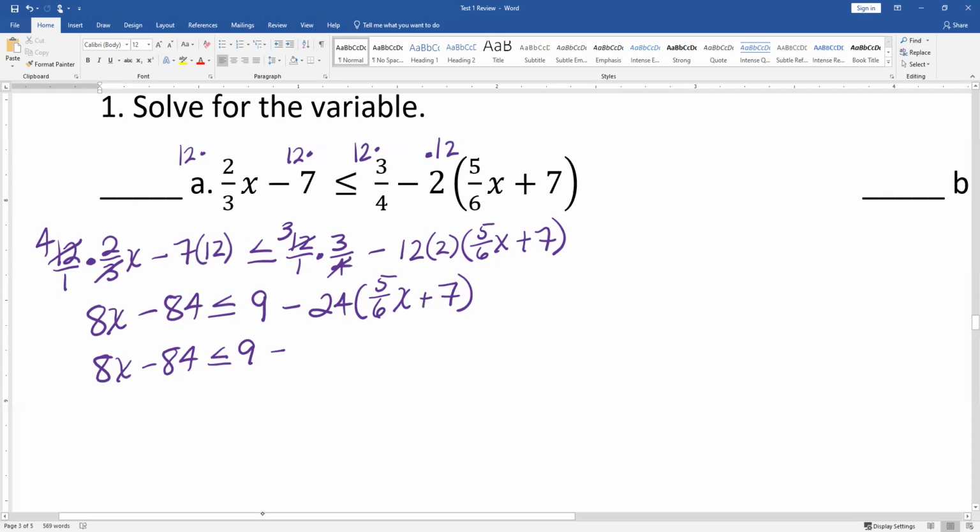Yeah, what's left? 6 goes into 24 how many times? 4 times. And 4 times 5 is what? So that's our 20x. Now, we also do have to distribute that 24 into the 7. So 7 times 24 is 140 plus 28. So 140, no, 168. Yeah, 168.